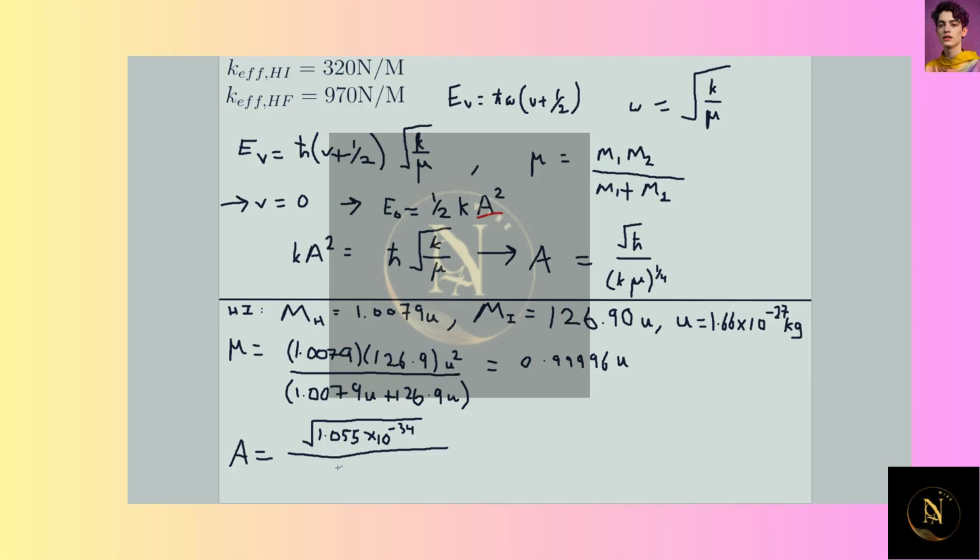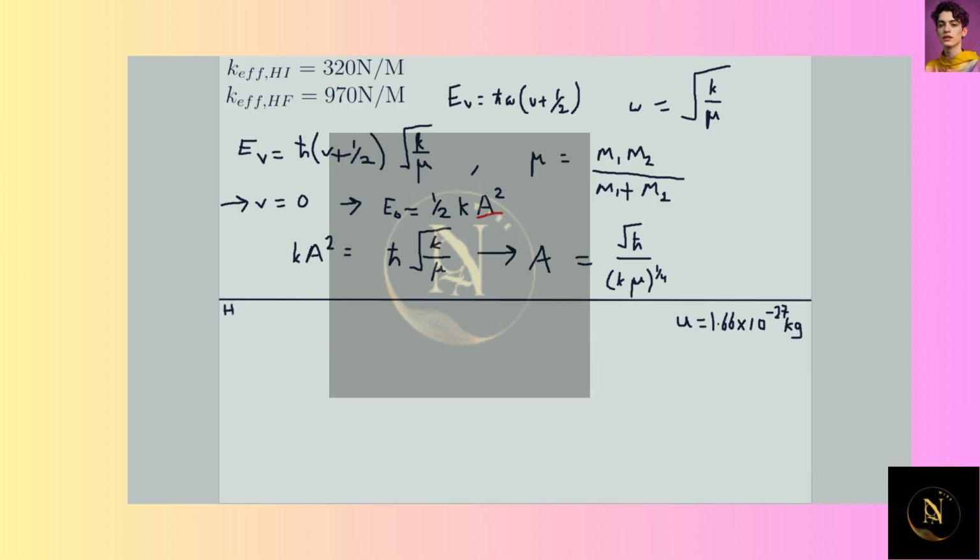That's over our spring constant, which is given as 320 newtons per meter, multiplied by our reduced mass, which we've just worked out as 0.99996 U. So that will be 0.99996 times the atomic mass unit, which is 1.66 times 10 to the minus 27 kilograms. Punching that into a calculator, it gives us 12.0 picometers.